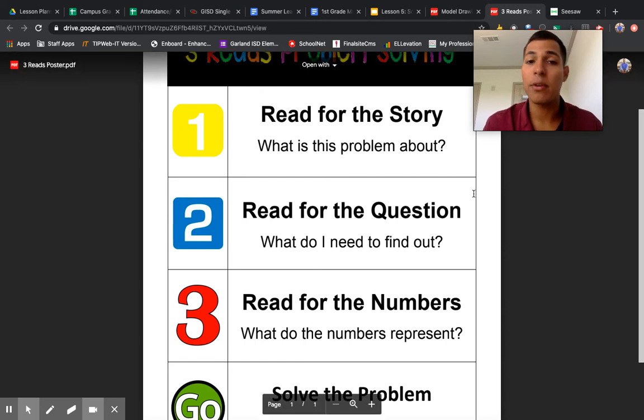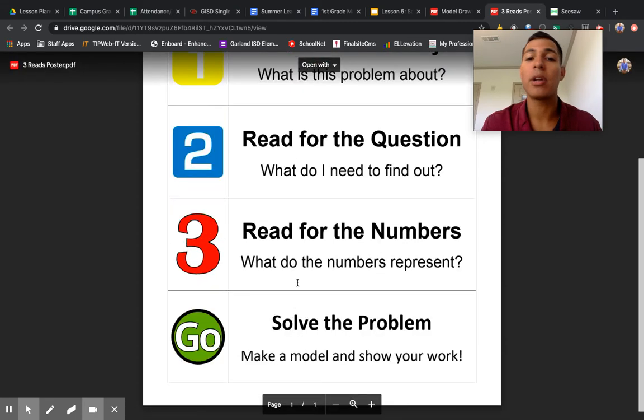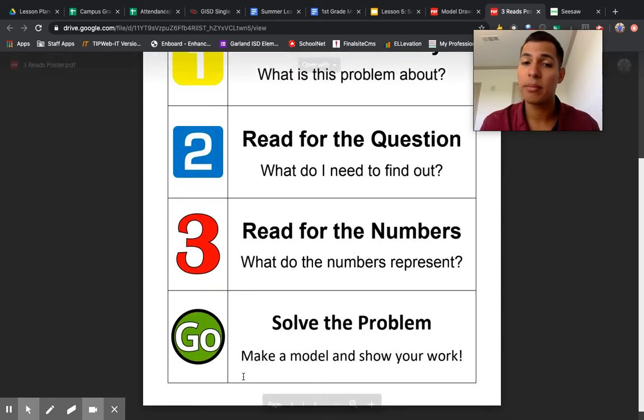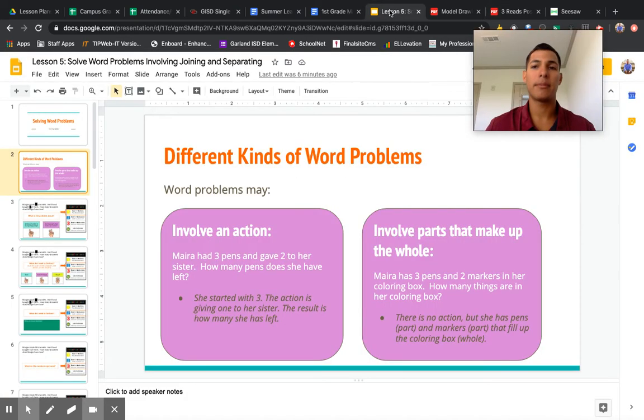Two, read for the question. What do I need to find out? Three, read for numbers. What do the numbers represent? Go. Solve the problem. Make a model and show our work, right? We'll be using our number sentences. We'll make our solution statements, as well as our model drawing.